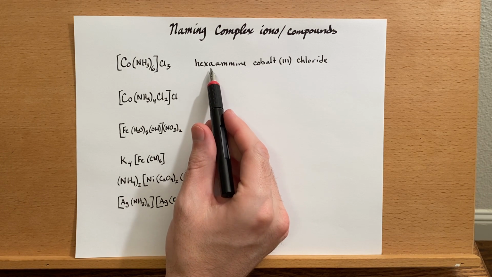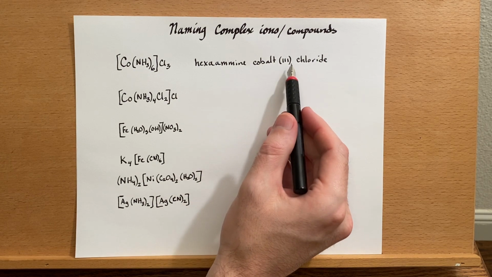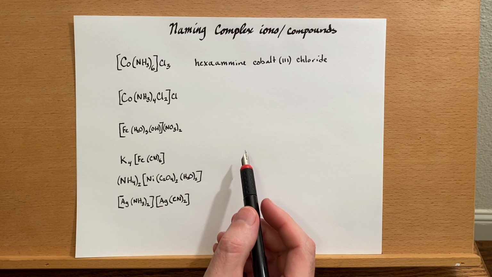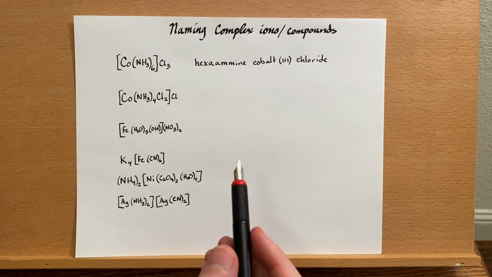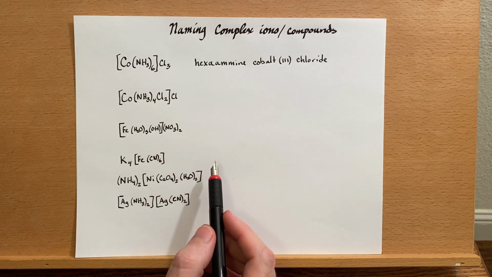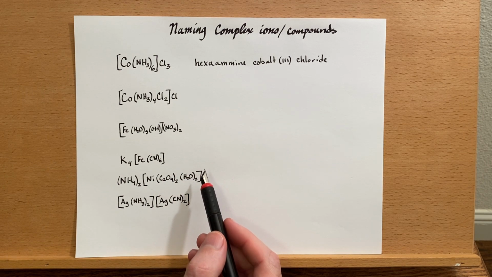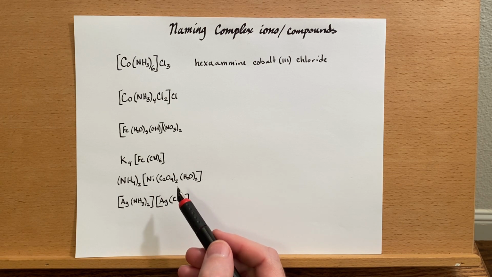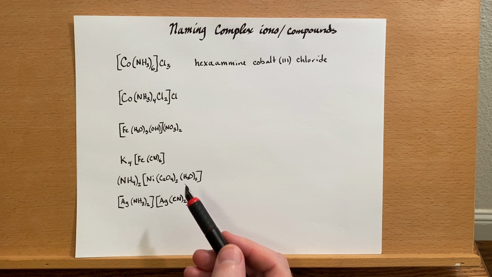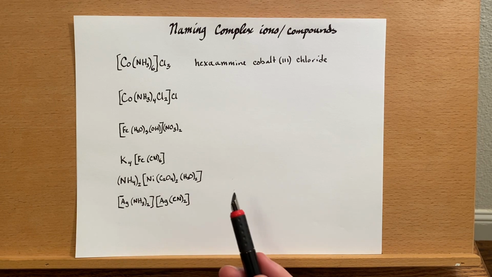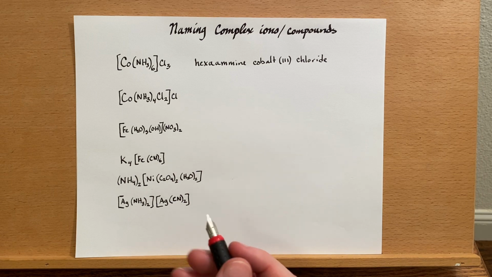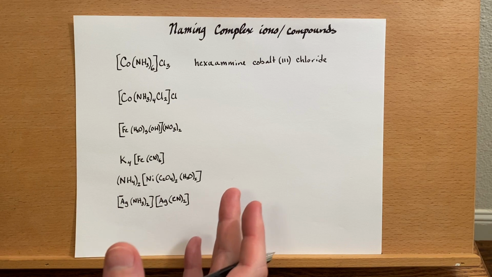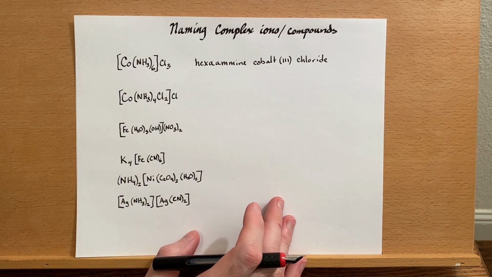We say hexaamine, cobalt 3, and then chloride, because that's the counter ion. Now, I know it's a little odd to have that because there are other times when we're naming a compound that has 4 things in it, and then an A coming up next.